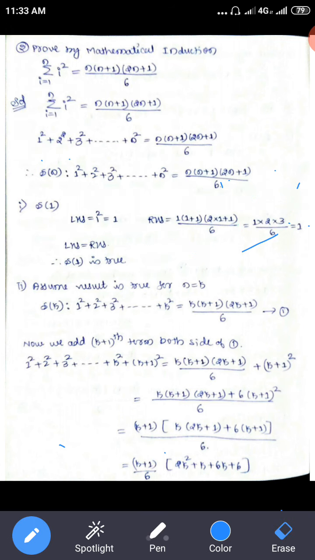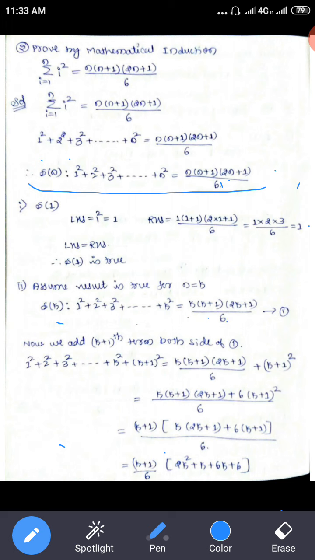Next, you have to just assume n is equal to k. Wherever n is there, write k. So that is this statement: S(k) is 1 square plus 2 square plus 3 square, and so on up to k square, equals k into k plus 1 into 2k plus 1 divided by 6.